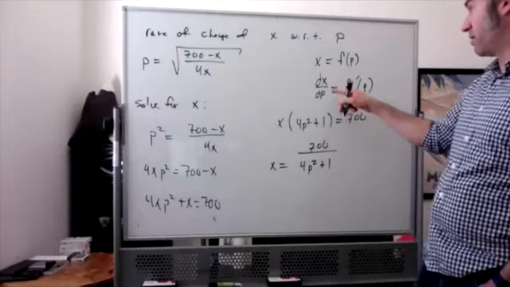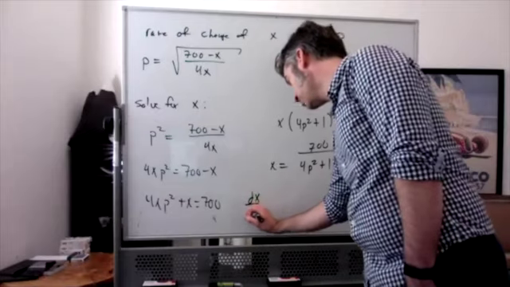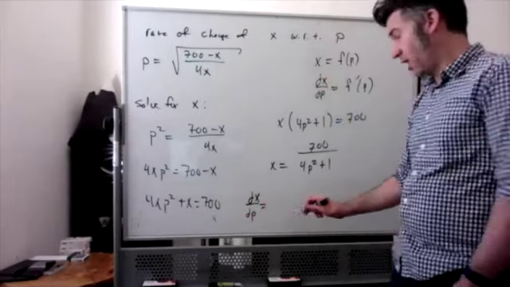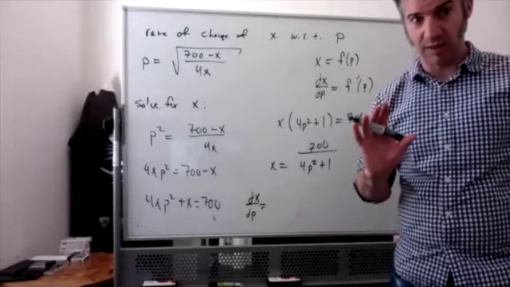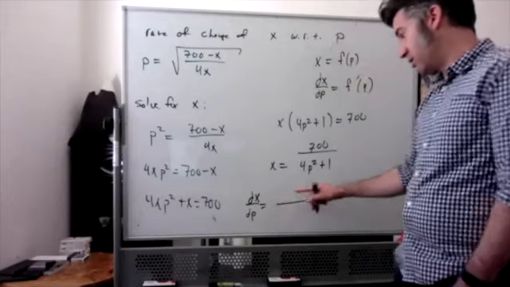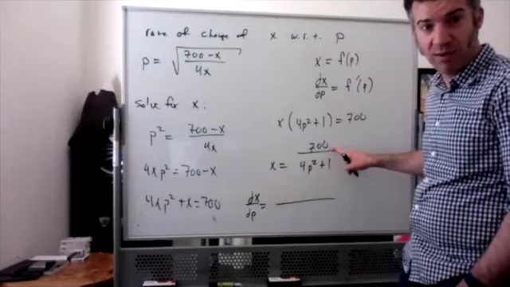And then we can find dx dp. So dx dp, using the quotient rule, pay attention because I'm not going to skip steps, but I'm not going to write down everything here. Dx dp is the bottom times the derivative of the top, which is 0.